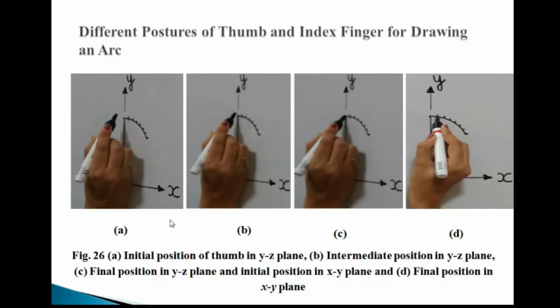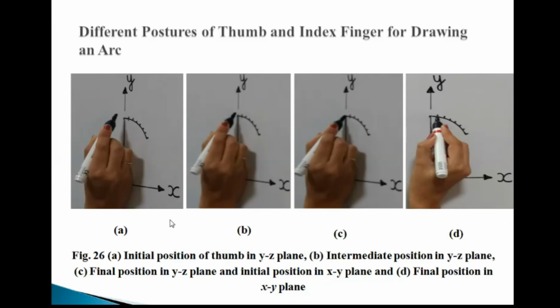Now for the 3D application, I have considered a practical application of thumb and index finger for drawing an arc. Here also all the joints and phalanges are considered for the thumb and index finger.